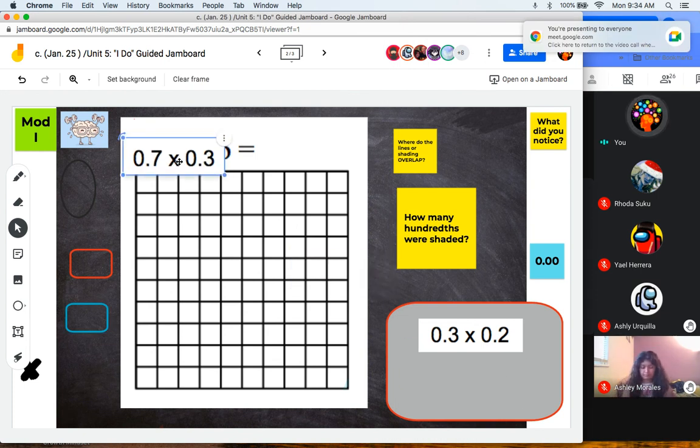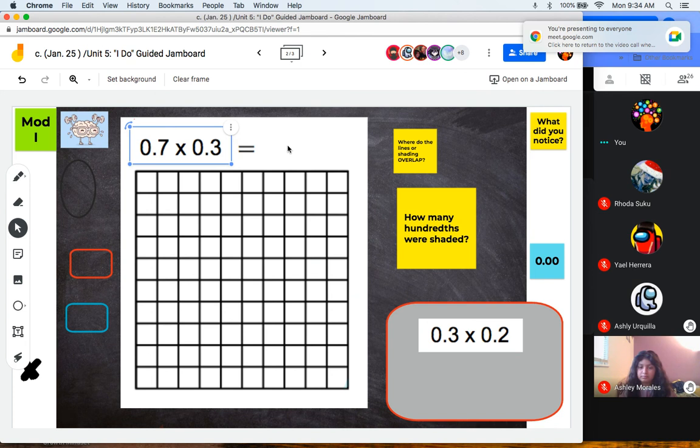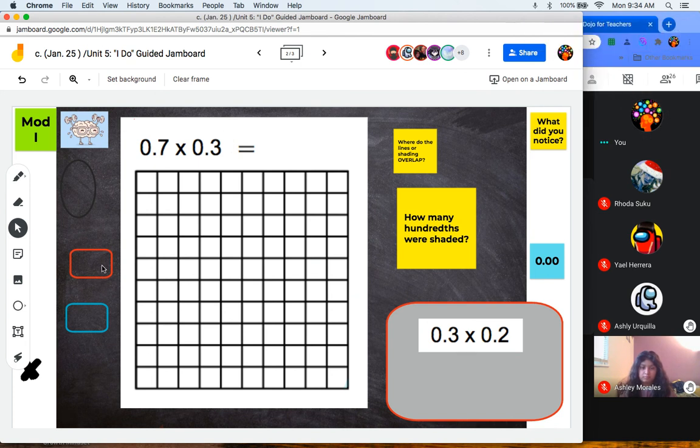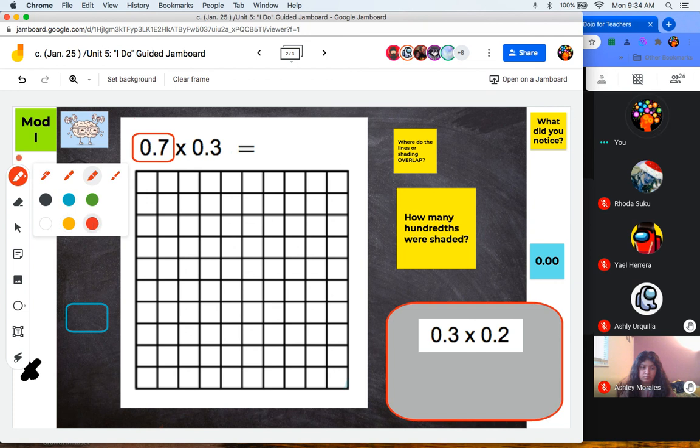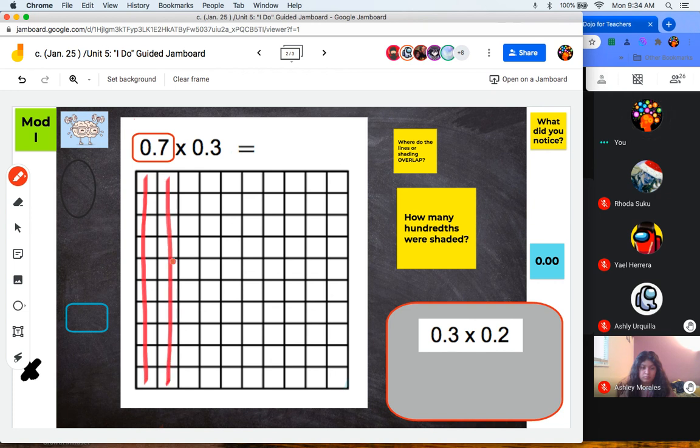All right, so let's see. First things first. First factor is 7/10. Columns. 1, 2, 3, 4, 5, 6, and 7.